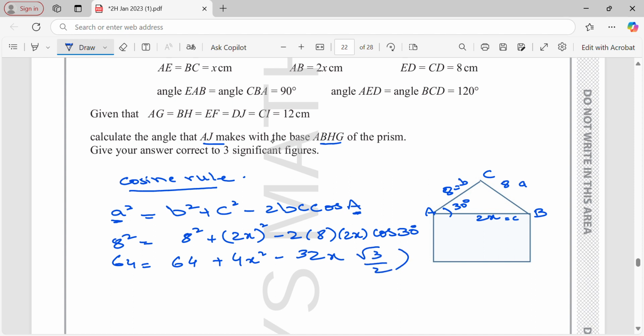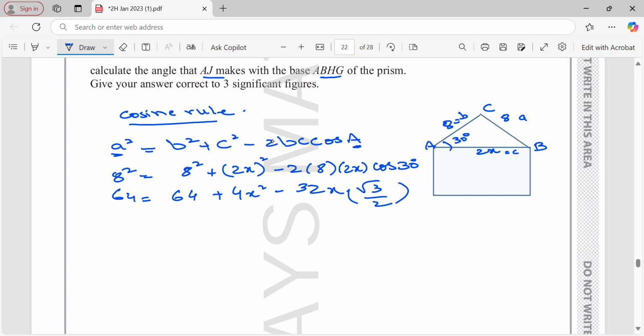You can also write your answer in decimal, it doesn't matter. 64 equals 64, so I can cancel it, or subtract it, because 64 minus 64 is 0. So 0 equals 4x squared minus 32 times root 3 over 2 times x, and 32 divided by 2 is 16 root 3.